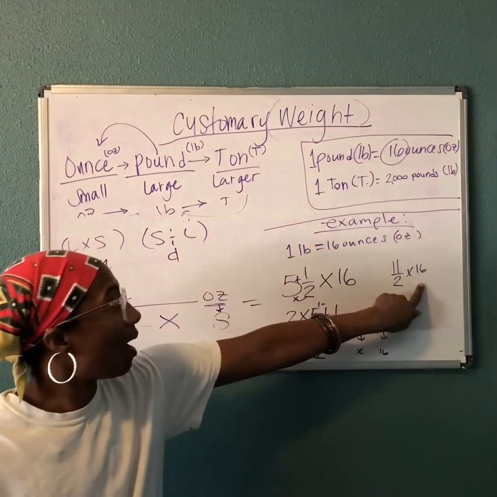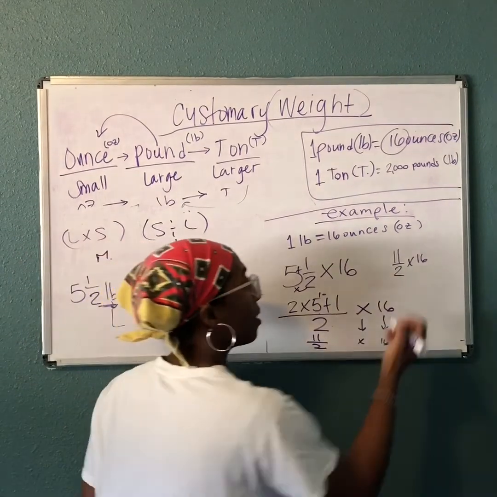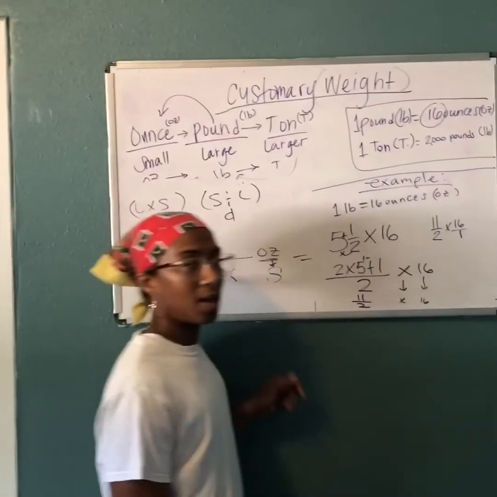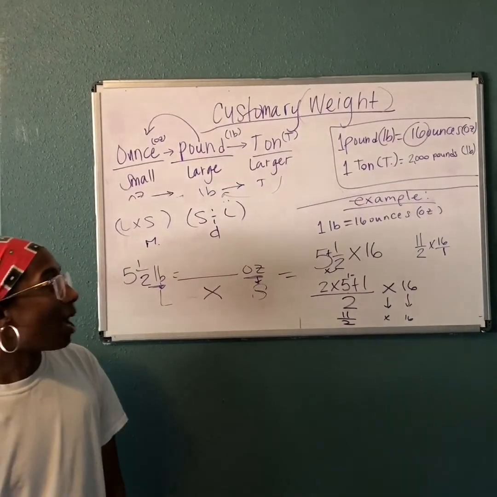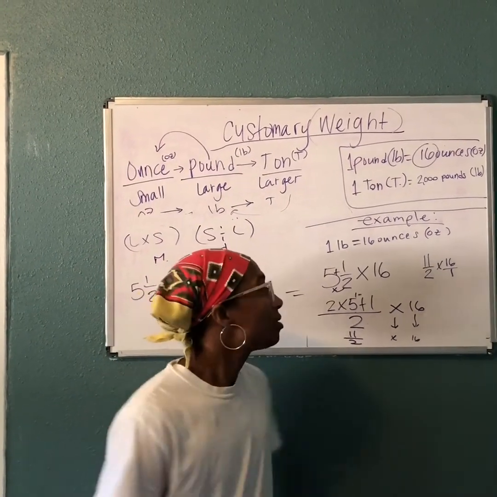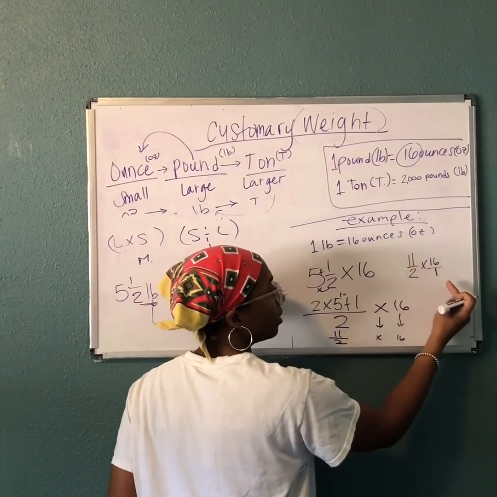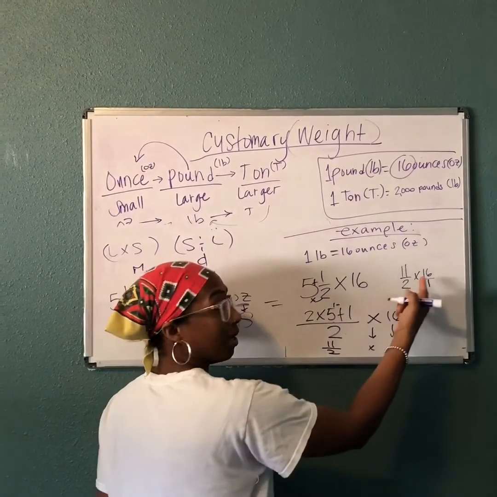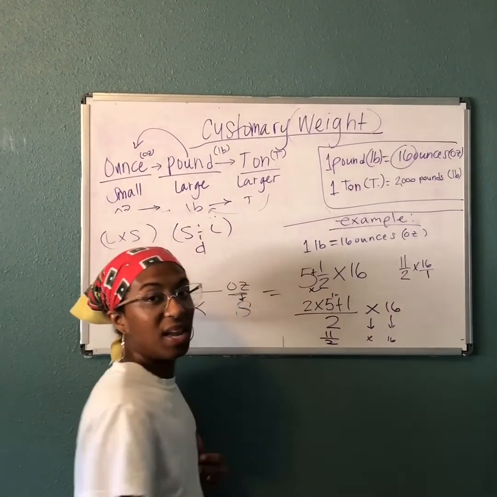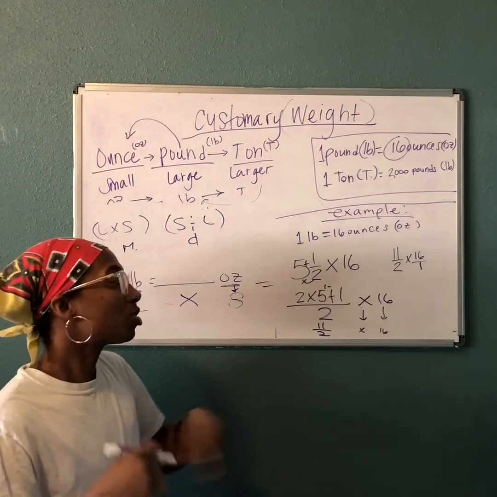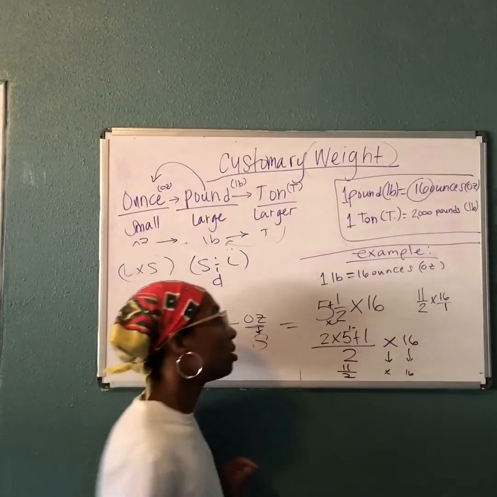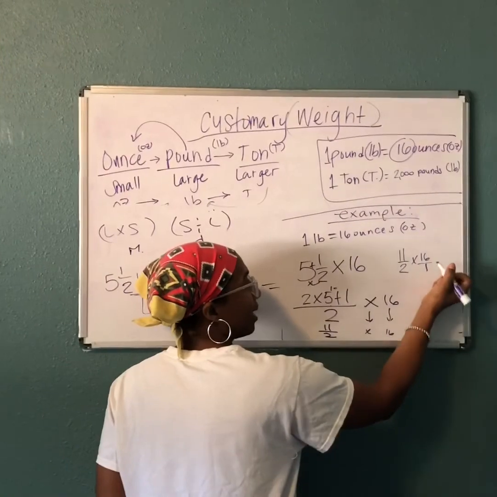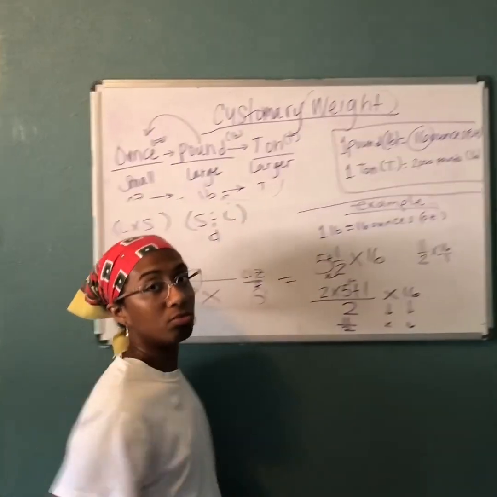We don't have a denominator here, so we make that a 1. Now we have to simplify. Some people would just multiply and then simplify, but let's simplify now. Can 16 go into 2?